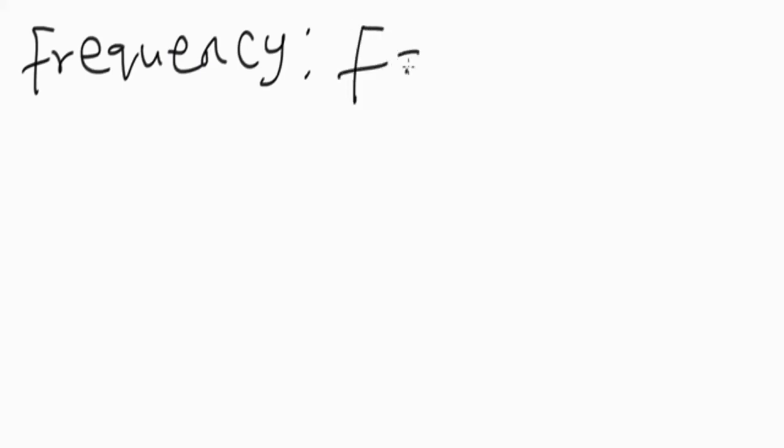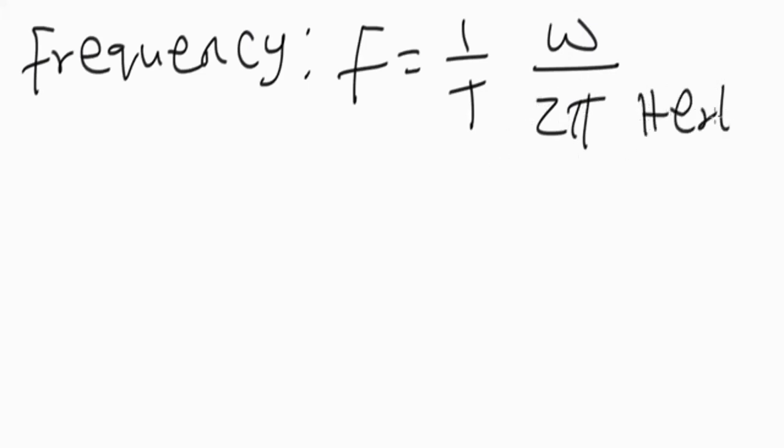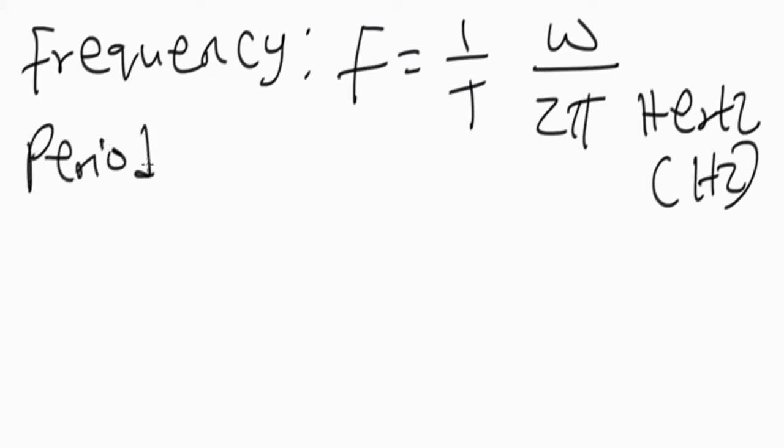That is, frequency is the inverse of time. This can be used to calculate frequency, or this formula can also apply. Frequency can be calculated using w over 2 pi, where w is the angular frequency. Alright, now frequency is measured in hertz.